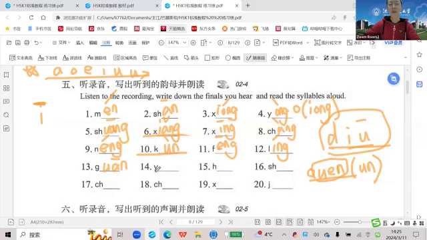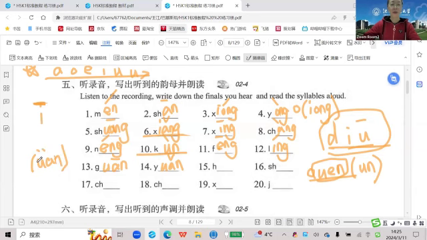So the final is yuan, and the tone is the third tone, and the original form of this syllable is this yuan. There are two dots. There are two dots. Yuan.